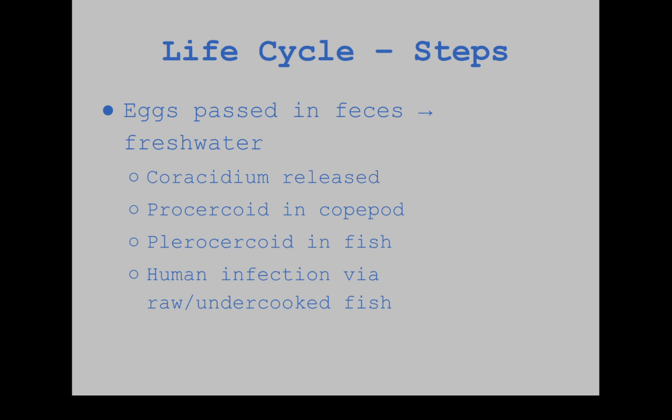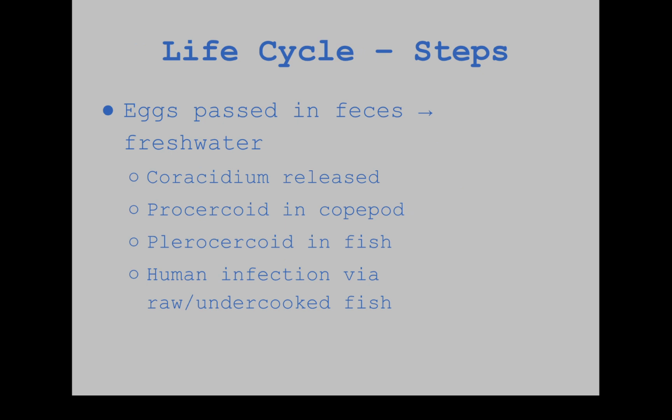These cyclops are then eaten by fish, and in the fish the procercoid develops into plerocercoid. The plerocercoid is the infective form, and when humans ingest undercooked or raw fish, the plerocercoid reaches the human and develops into the adult worm in the intestine. So this is the life cycle.